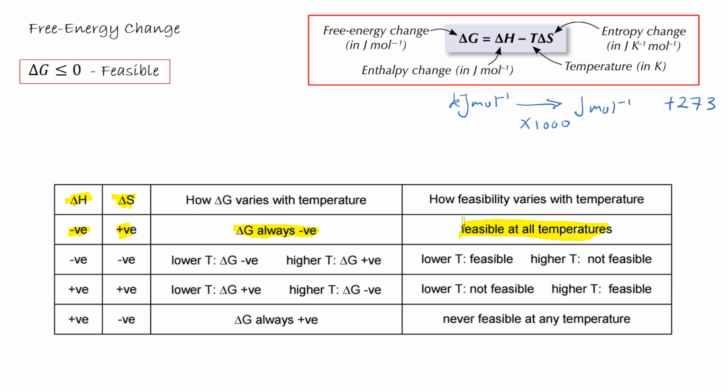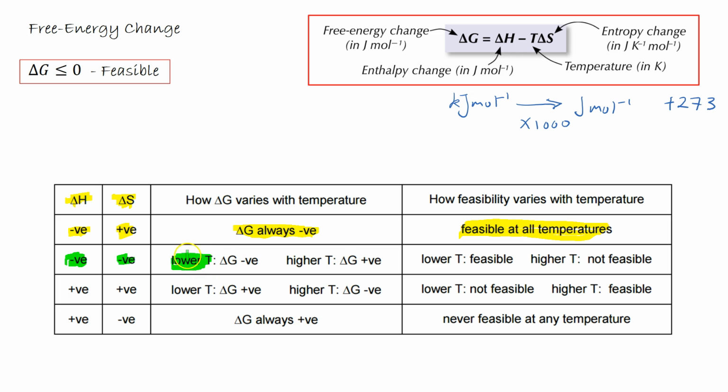Now, if we've got an example of a reaction which is exothermic, or energy is released, and we end up with a negative entropy, in other words, we're getting fewer molecules, or perhaps we're making a solid from gases, then we can see that the delta G will be negative at lower temperatures.